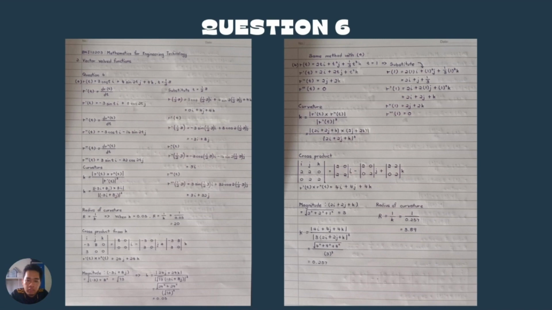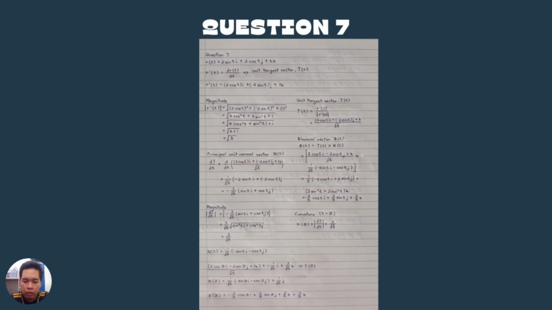After differentiating, we substitute t equal to 1 over 2 pi, and also t equal to 1 for question B. After we get the values, to find the curvature, which is k, we need to use the cross product and magnitude. After we get k, we can calculate the radius of curvature, which is r equal to 1 over k.